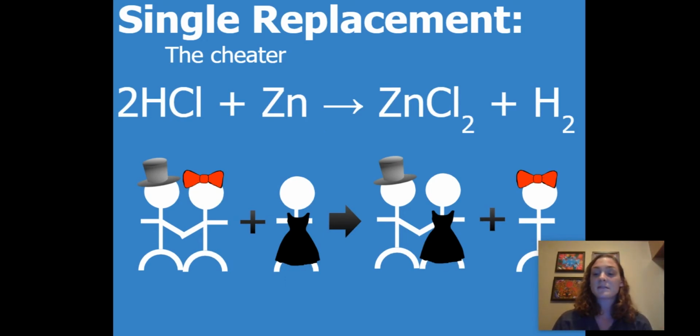In order to be a single replacement, there has to be an element by itself. So in this case, you have H and Cl, they're together as one compound, and Zn, which is zinc, is by itself. After the reaction, zinc kicks hydrogen out of the compound, so zinc is now with chlorine, and hydrogen is by itself.